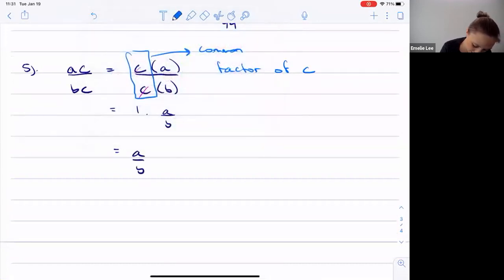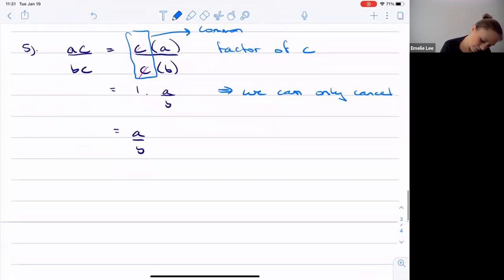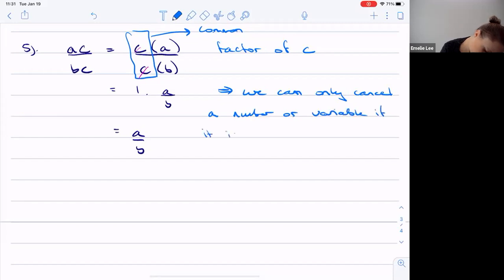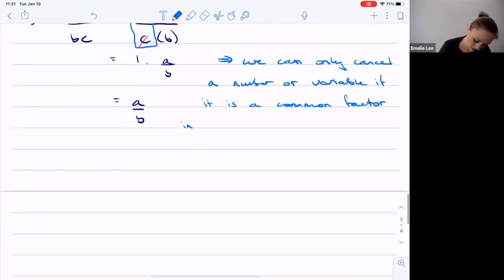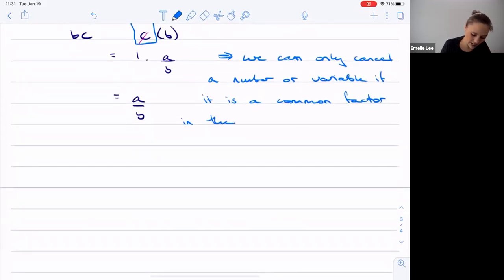So all this is saying is we can only cancel a number or a variable, if it is a common factor in the numerator and denominator.